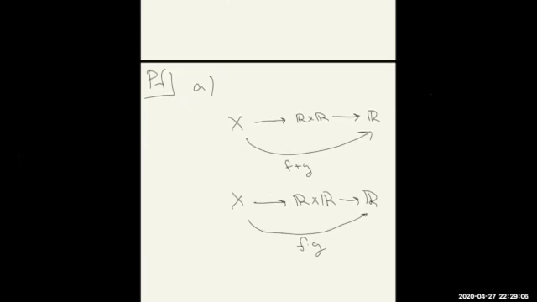And again, I'll show you the pictures, how to realize these as a composition of pieces that you can express more easily. So in the first case, you have a map that sends x to the pair f of x, g of x. So this is h. And then you have the function plus that takes that pair and maps it to its sum. Now, what happens if you compose these?